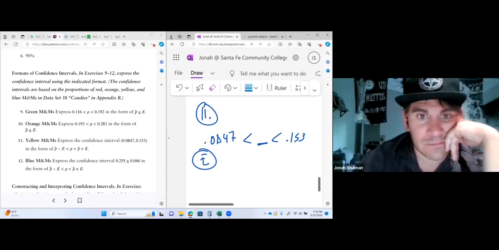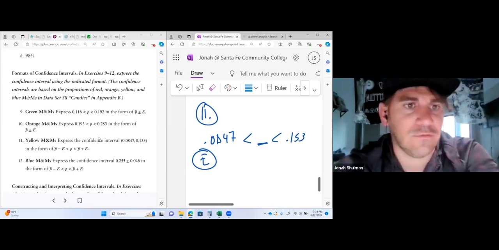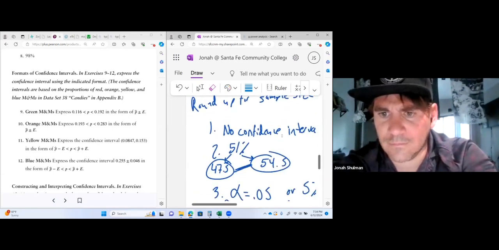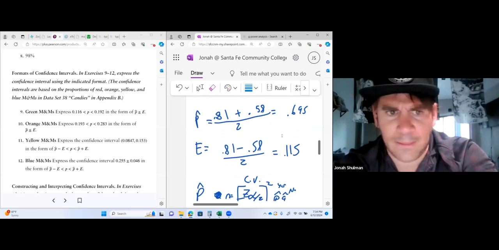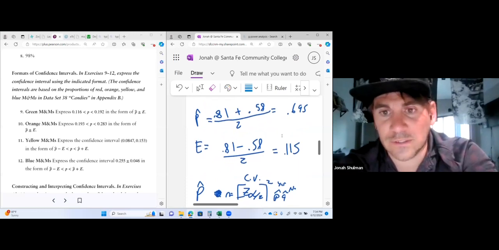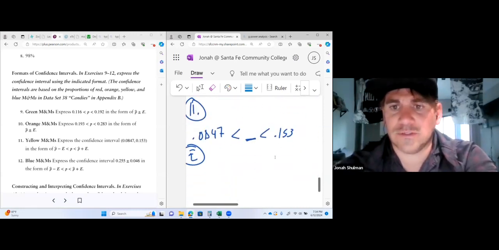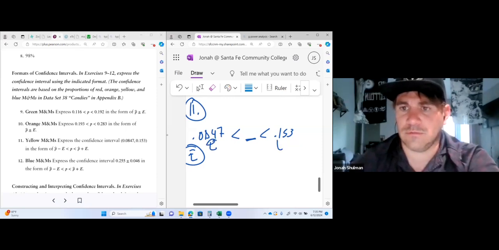To get the error, I thought we add these two things together and cut it in half. Oh, sorry, we subtract the difference and then cut it in half. I'm human, I make mistakes, right? So this is our lower, this is our upper.